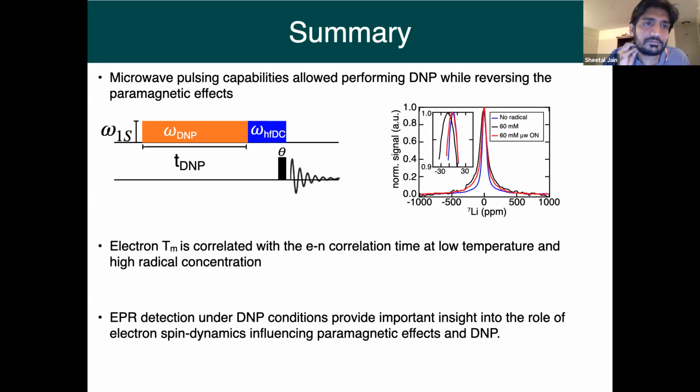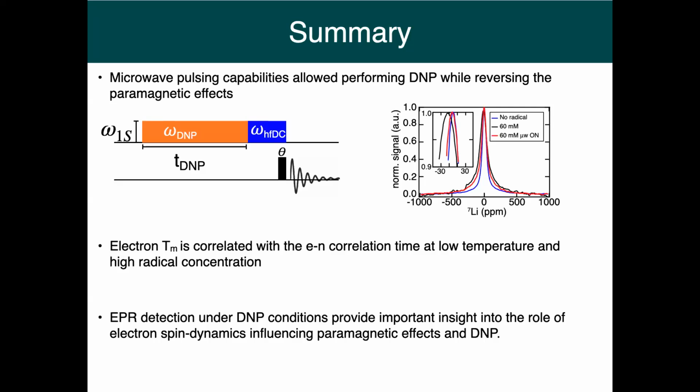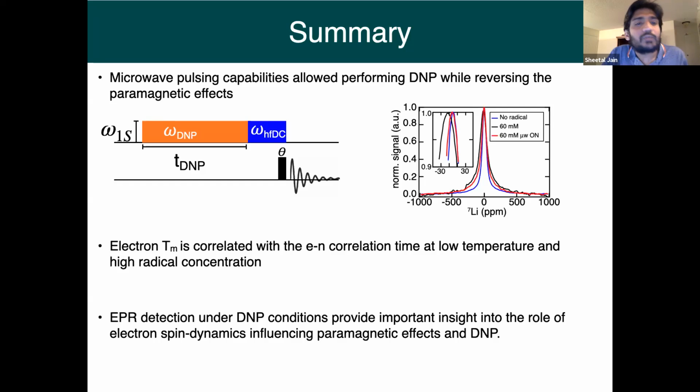Now, how do these findings relate to some work which was published about 3 or 4 years ago, which also showed a line narrowing of the NMR signal under solid state DNP conditions? Yeah, that was by Professor Jenderbahn's group, I think that's what you're referring to.